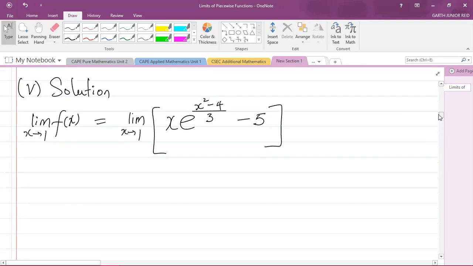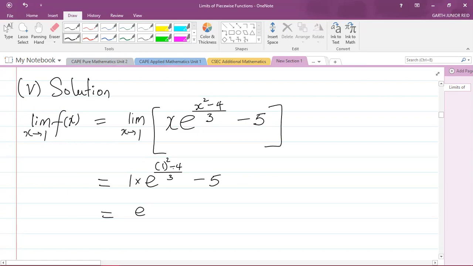So let us now use direct substitution. So we're substituting x as 1 into the function here. So what we get is 1 multiplied by e to the power of 1 squared minus 4 over 3, minus 5. You don't have to write the ones, because we know that 1 times that is e raised to the power of 1 squared, which is 1.